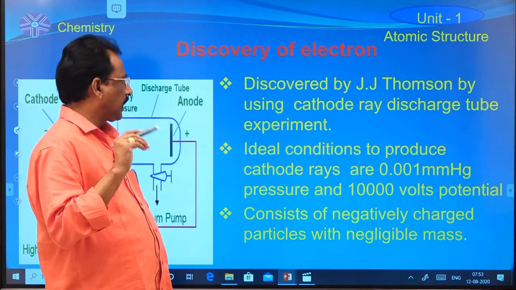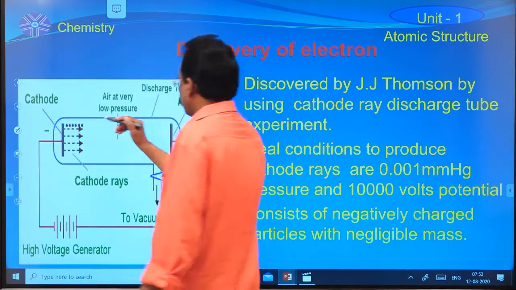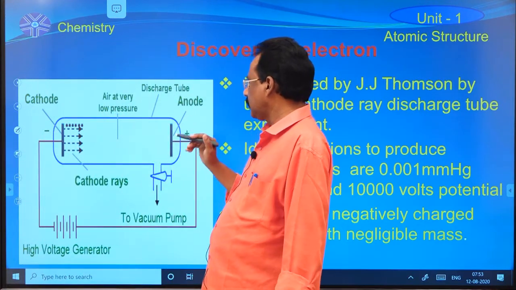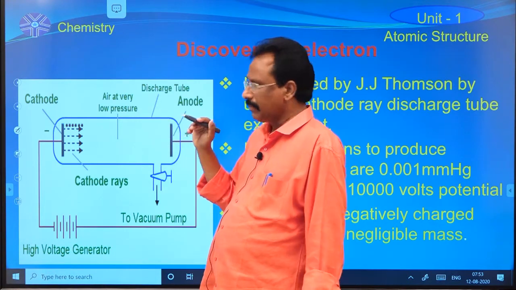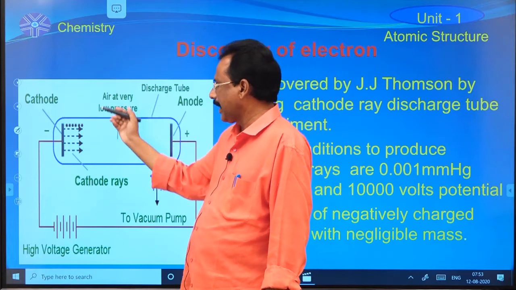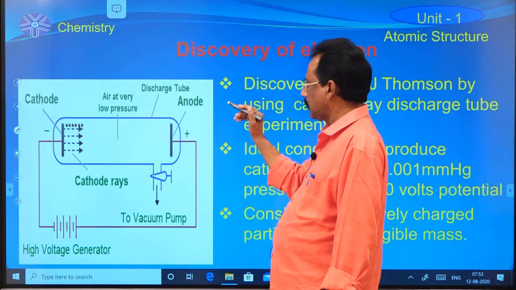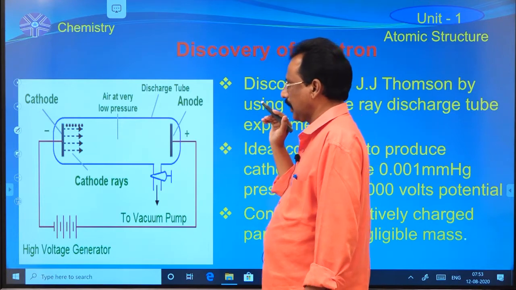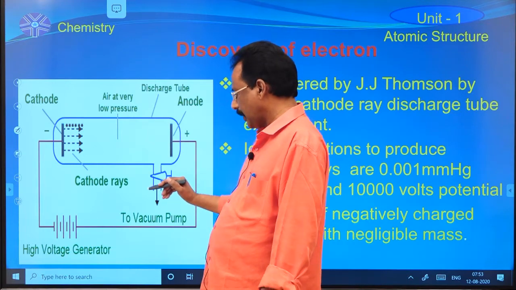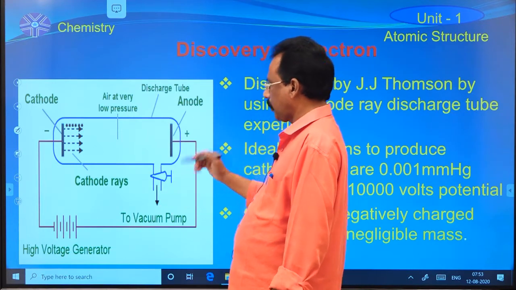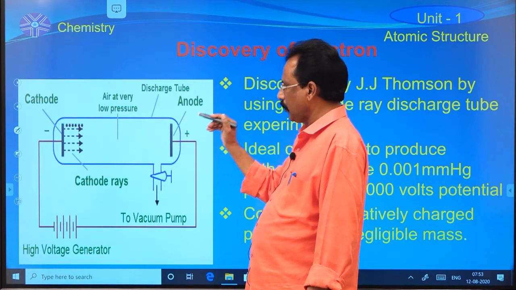That means the cathode ray discharge tube contains the cathode and anode in a glass tube. Cathode, a cation possesses positive charge, but the cathode has negative charge, and anion has negative charge, but the anode has positive charge. This cathode and anode are connected to a high voltage battery to provide high electrical current into this glass tube.